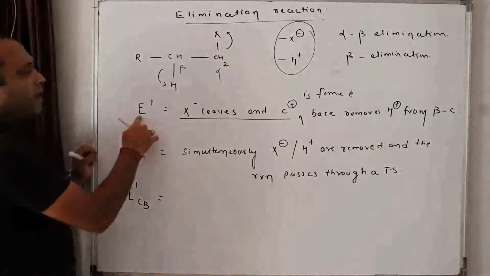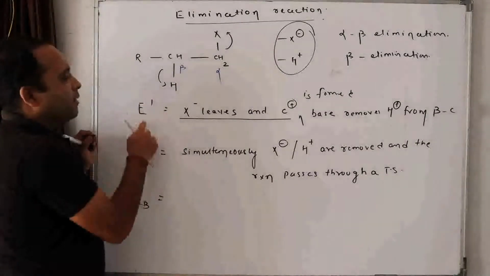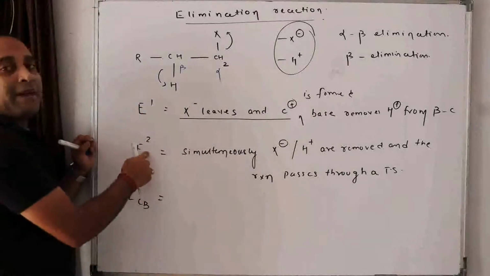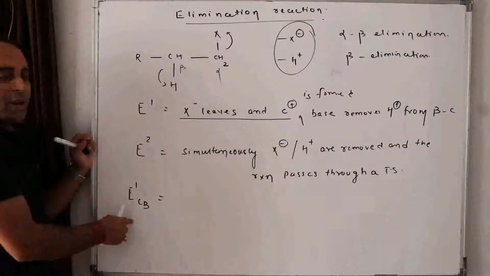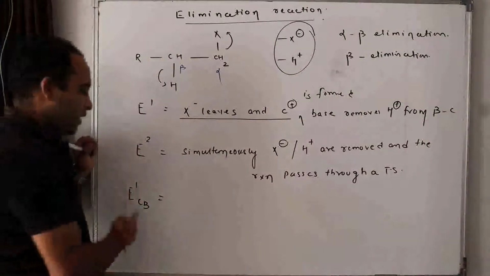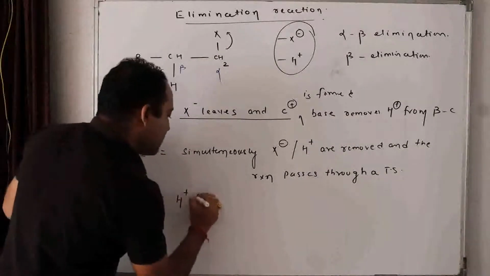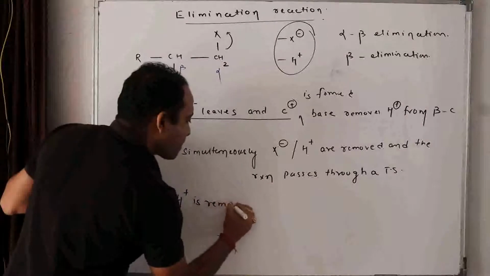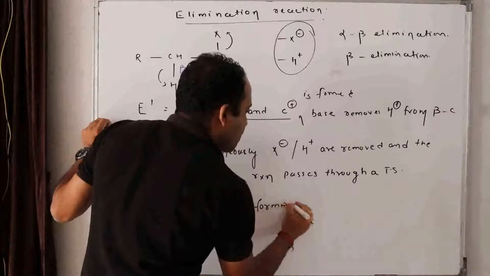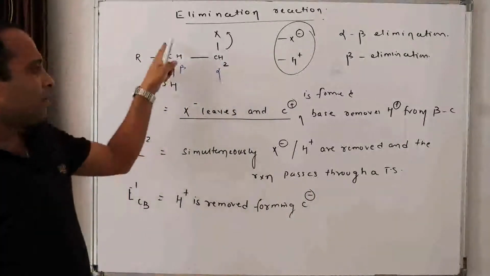Now, the third mechanism is E1cB. Do you know what E1 is? Elimination unimolecular, following first order kinetics, and E2 is elimination bimolecular. What is E1cB? Unimolecular elimination through formation of a conjugate base. In this case, first H plus is removed, forming a carbanion. See, H plus is removed, a carbanion is formed.